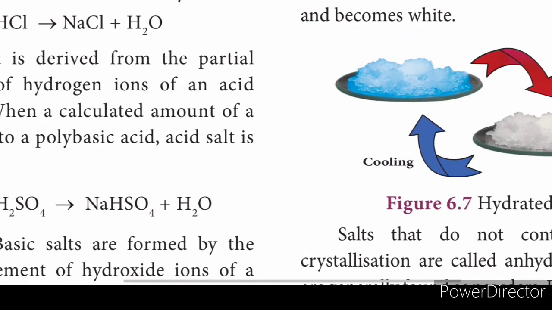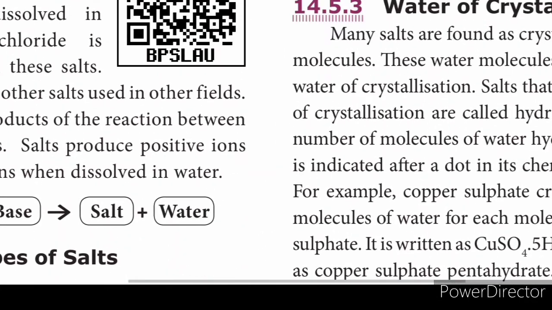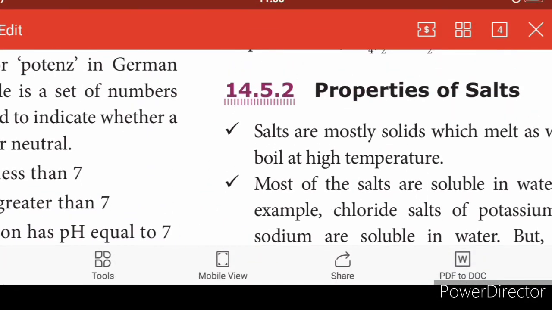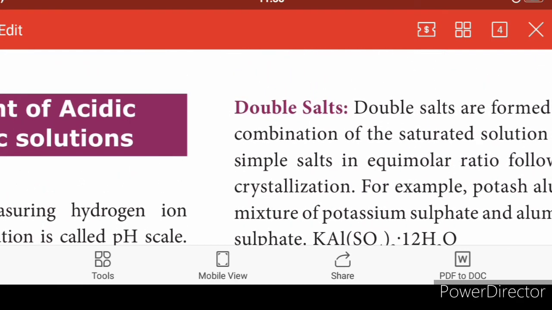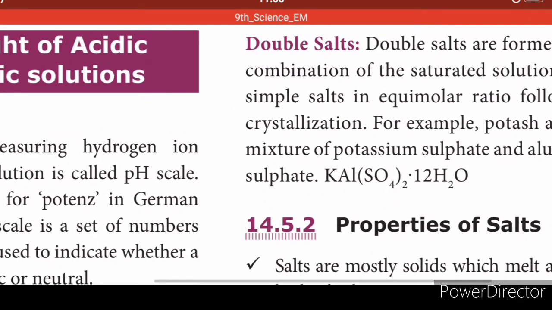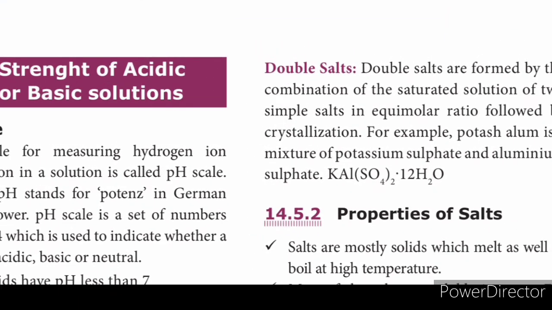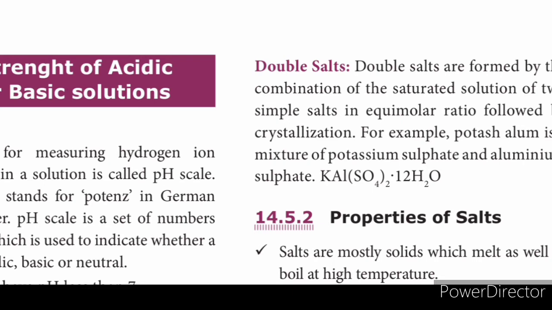Then we will see double salt. Do you have any idea about double salt? What will be the definition for double salt? Okay, the double salt, 2-mark question, important question. Double salts are formed by the combination of the saturated solutions of 2 simple salts in equimolar ratio, followed by crystallization.